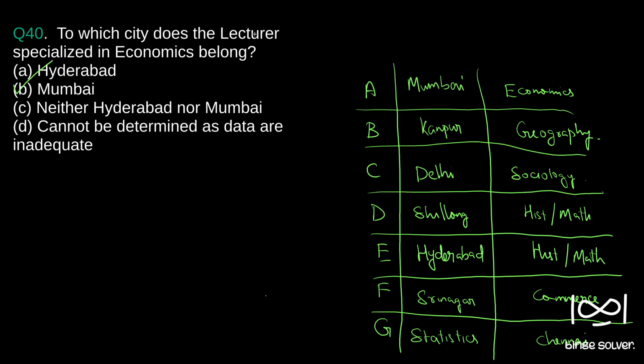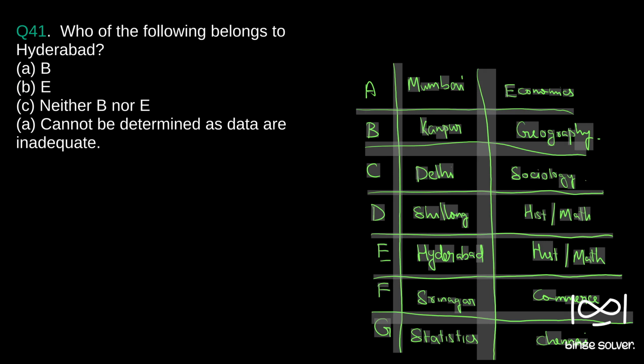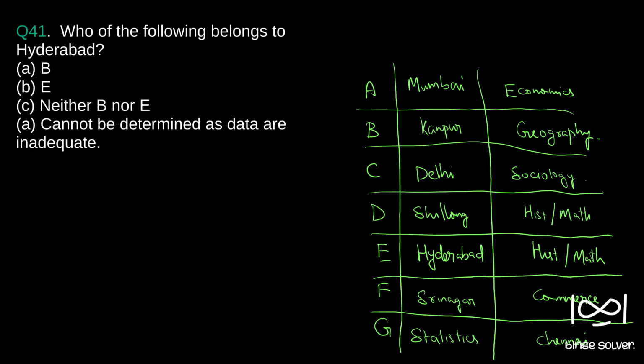This is the correct answer. So next question, we'll paste it. Who of the following belongs to Hyderabad? If you see, Hyderabad, E is the person who belongs to Hyderabad. So solution to question 41 is B, Hyderabad.